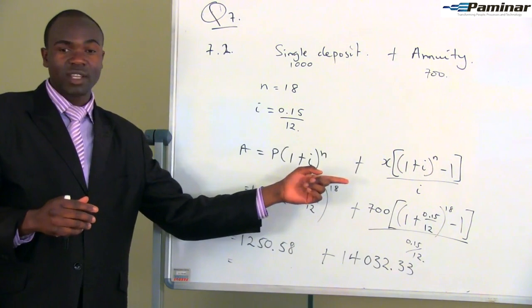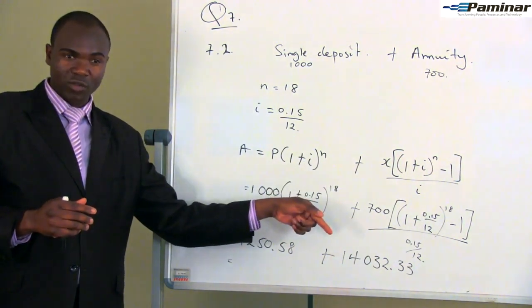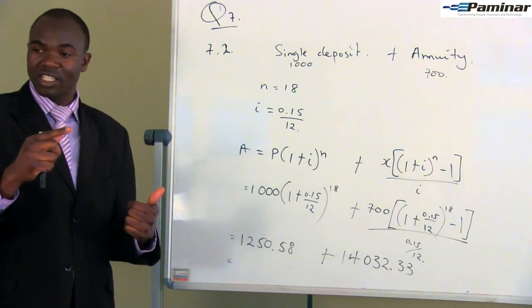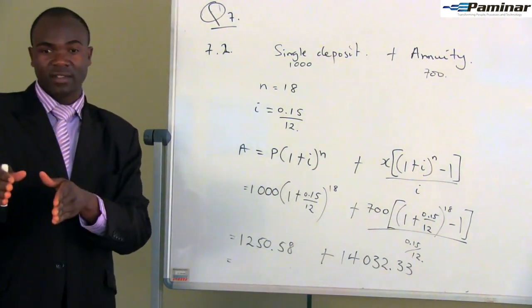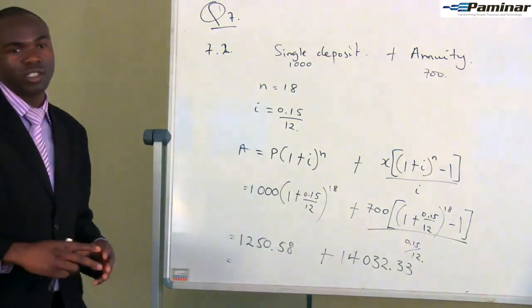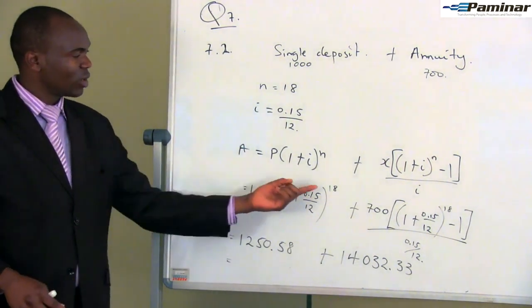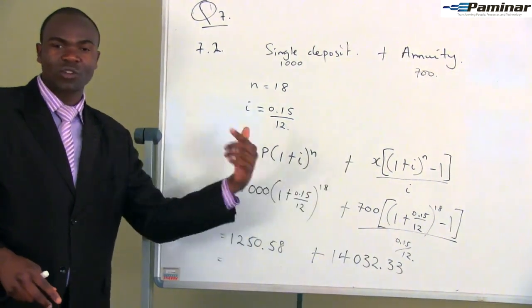And wherever there's N, you multiply by 12 if it's yearly. But in this instance it's monthly, so you say 18 over 12 times 12, those 12 cancel each other, and you remain with 18.